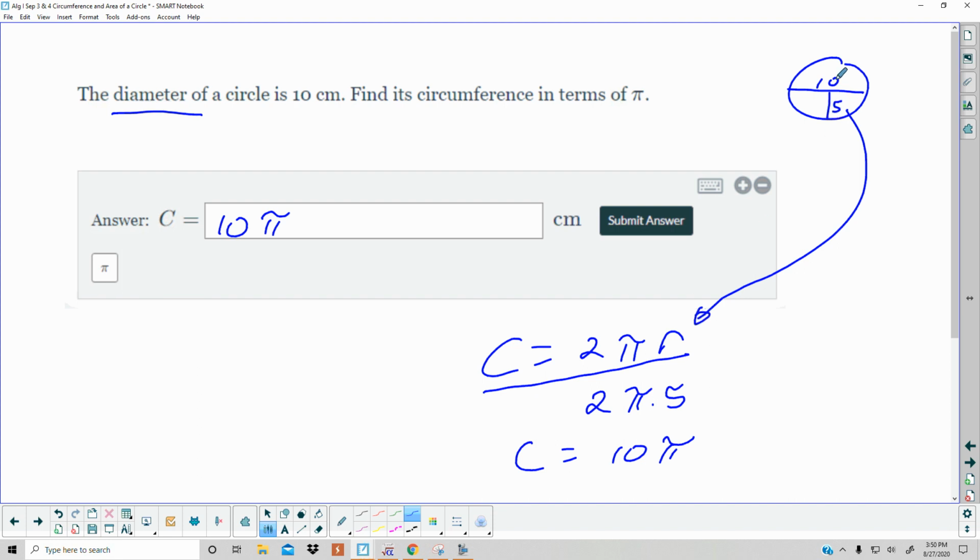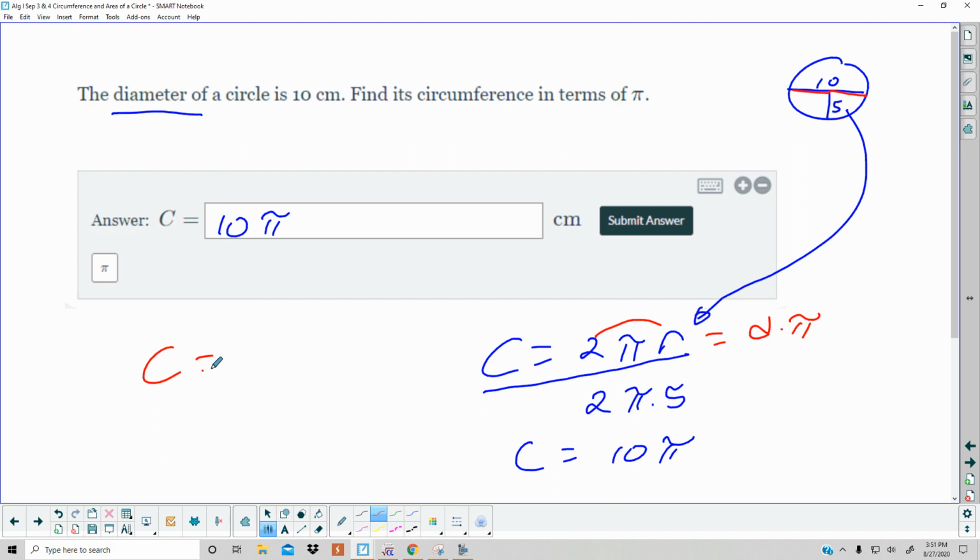But there's a different formula for circumference that isn't radius based, it's diameter based. You saw that the diameter is twice the radius, or the radius is half the diameter. Well, another way to say it, this radius plus this radius is the diameter. So 2 radii is your diameter, times pi.